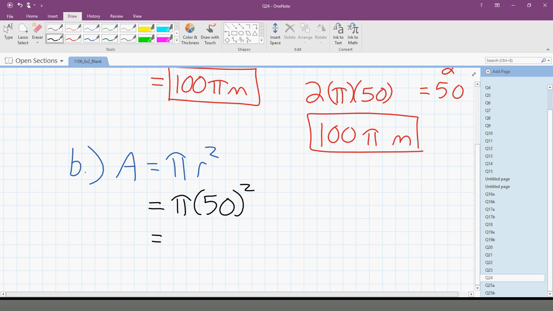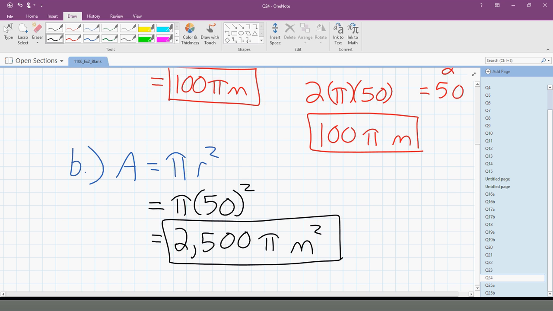So all we need to know, because we want to leave pi alone, is what's 50 squared. $2,500. 2,500 pi what? Meters. Because it's area. Good. There you go.